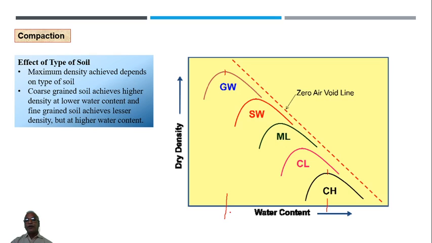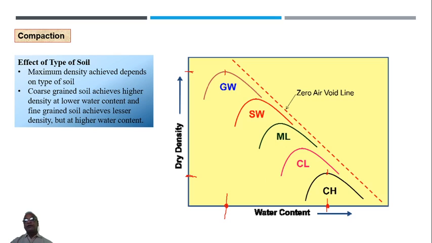So if you compare, the OMC of gravel is quite less compared to the OMC of clay. So the general statement is that clayey soils will have higher OMC. And then if you compare the dry density achieved, the dry density achieved for gravel is obviously more, and the dry density achieved for clay is less.